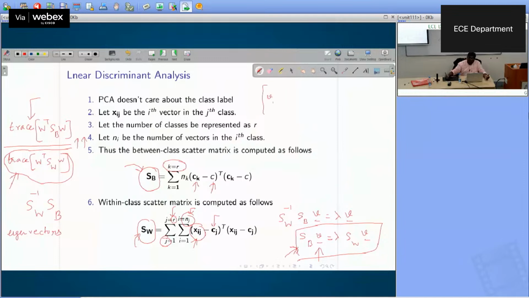So those eigenvectors you have to arrange like this to get a transformation matrix. Got it? So after getting this transformation matrix, it's very simple. As usual, you have this A transpose X, which converts the vector from the higher dimension to the lower dimension.